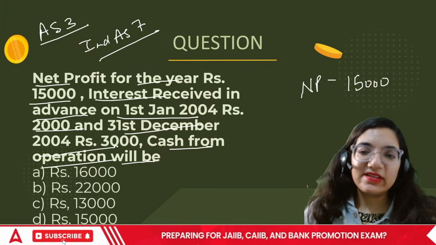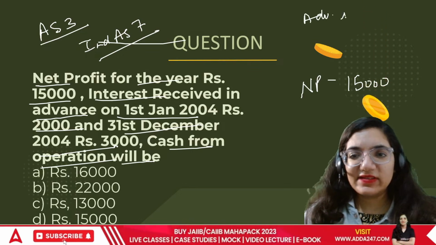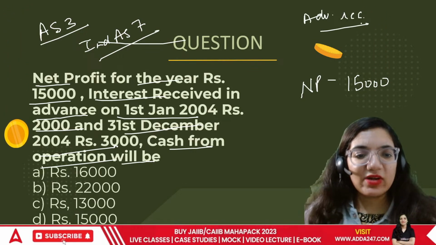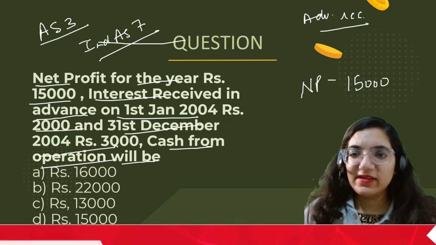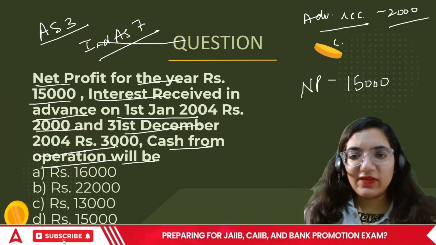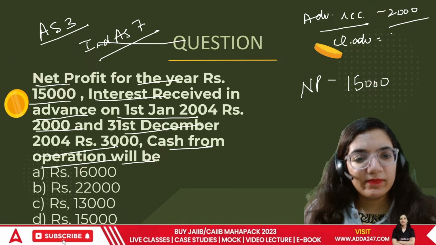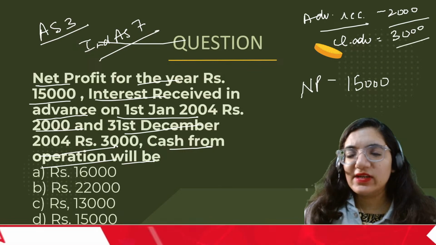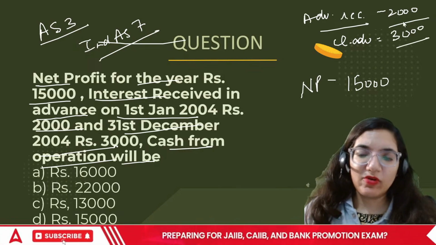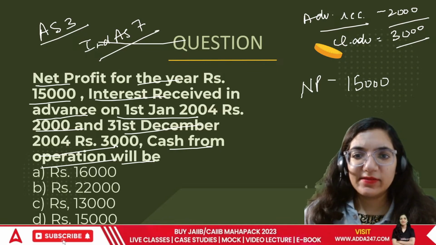This is the advance that I've received. This one is our opening advances, right? So this was opening advance of 2,000 and we have a closing advance of 3,000 rupees. So what should be the amount of cash flow as per the operations?